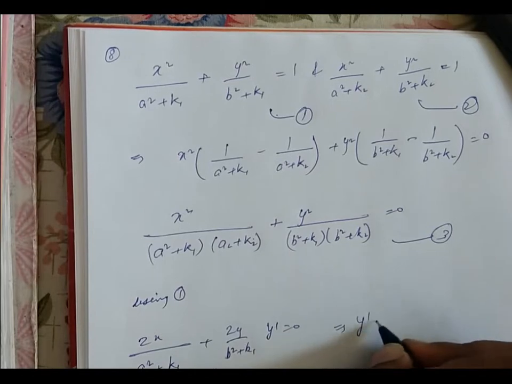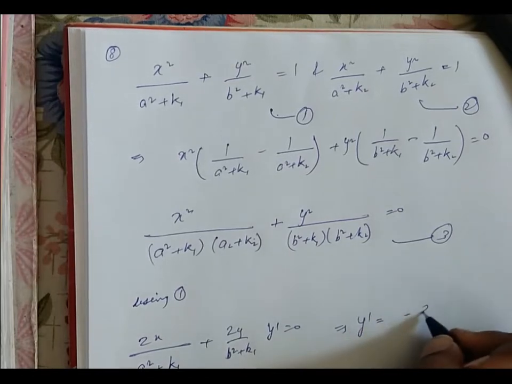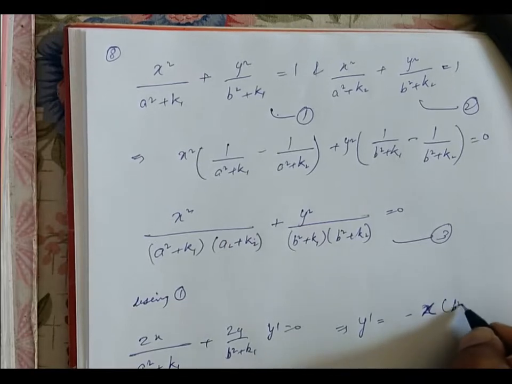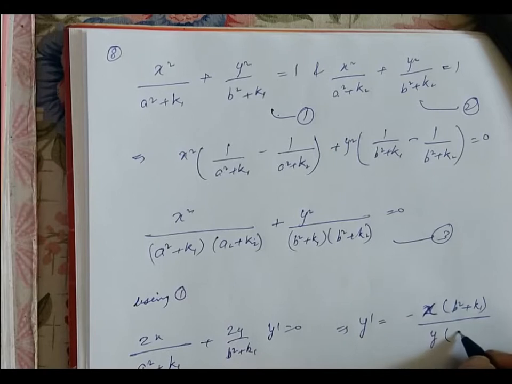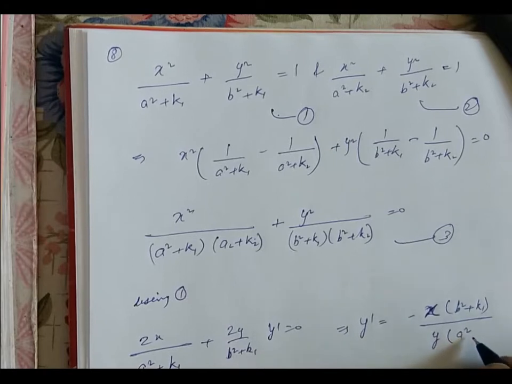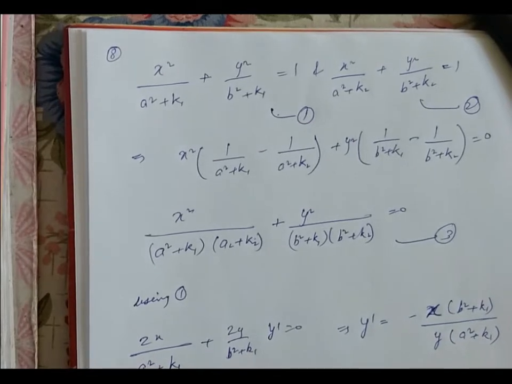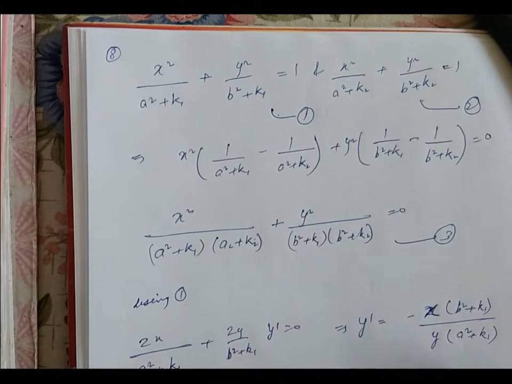This implies y dash is equal to minus x upon y, b square plus k1 upon a square plus k1.